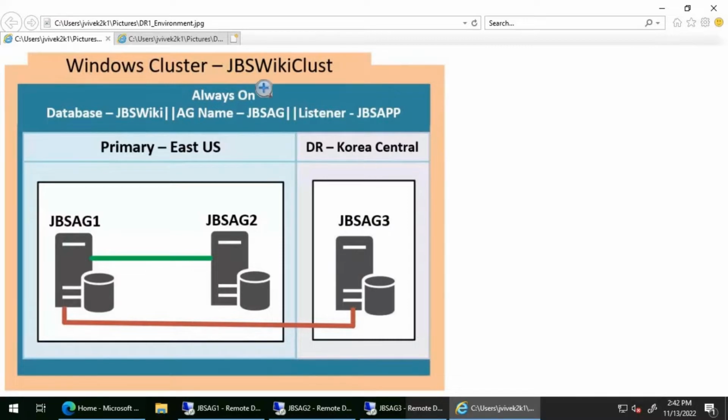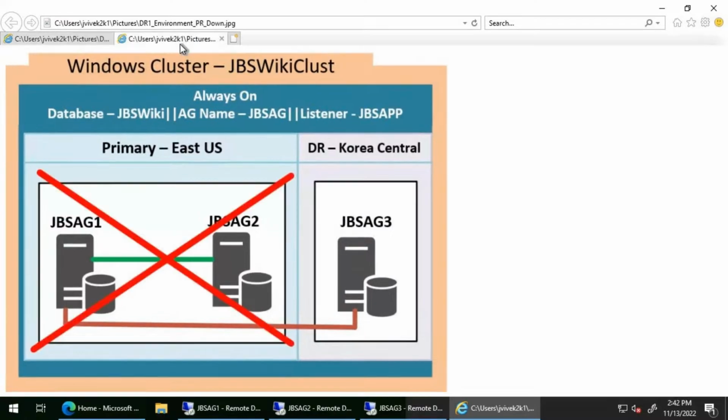So now the scenario would be like, let's consider the primary region goes down completely. That is the whole of East US, all the database servers go down. In this case, the Always On availability group goes into a resolving state. What we need to do is make JBSAG3, which is in the DR region, Korea Central, the primary replica.